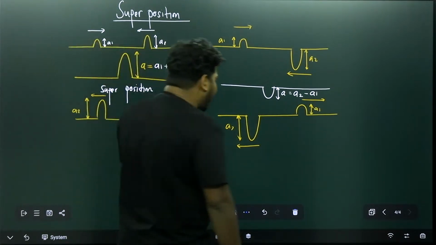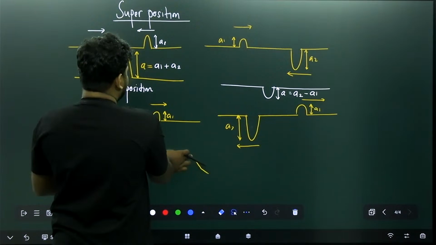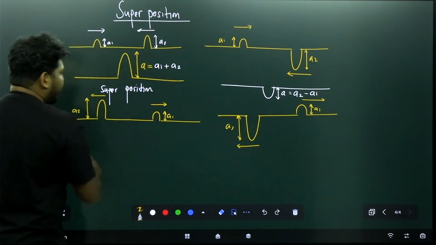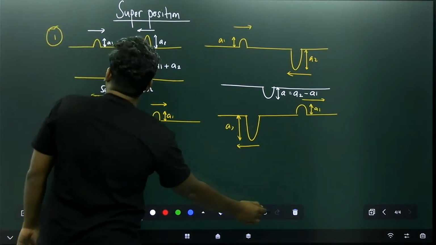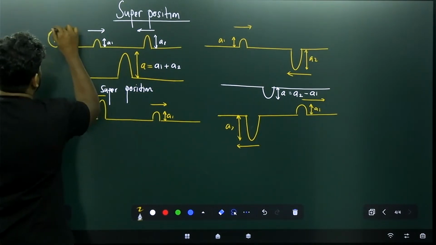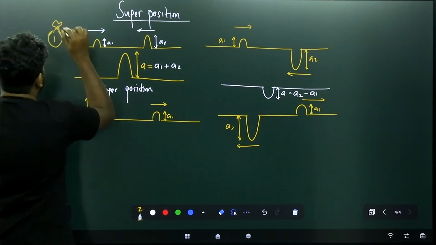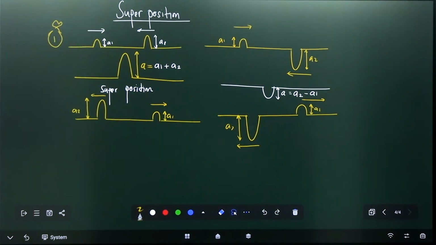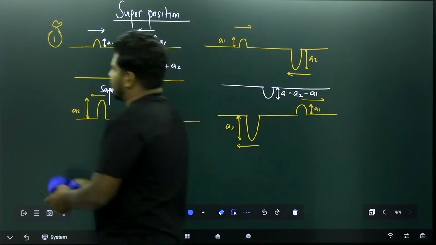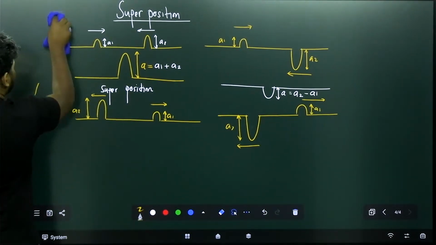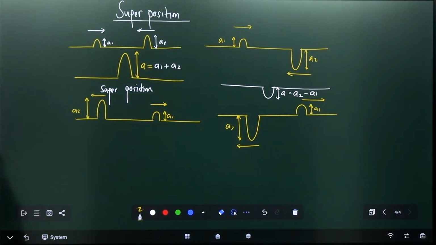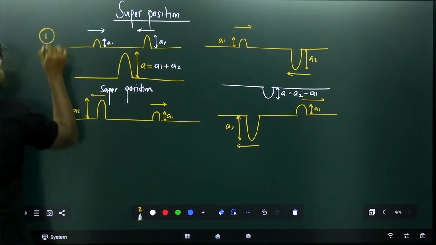When it looks like this, can you write down the answer for this one, guys? This is example number 1.